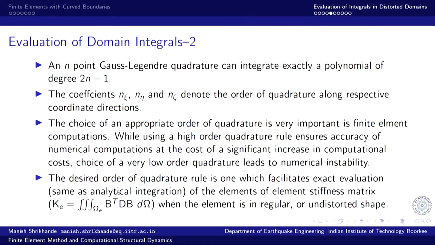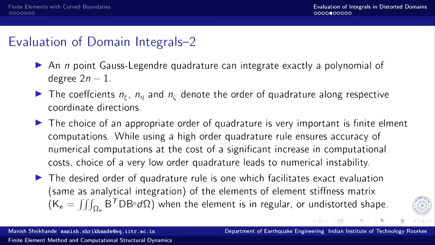There is no Jacobian determinant coming into picture, and therefore, the analytical integral can be evaluated and the numerical integral can be evaluated, and whichever order gives us the correct solution, based on this first point, a 2n minus 1 degree polynomial requires n number of sampling points. So, we can evaluate what is the degree of polynomial. D matrix is of course constants. The polynomial terms only involve elements of matrix B, the strain displacement matrix.